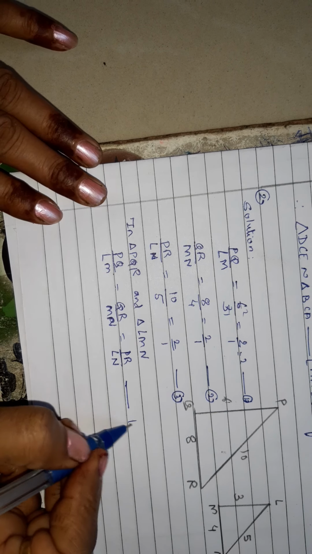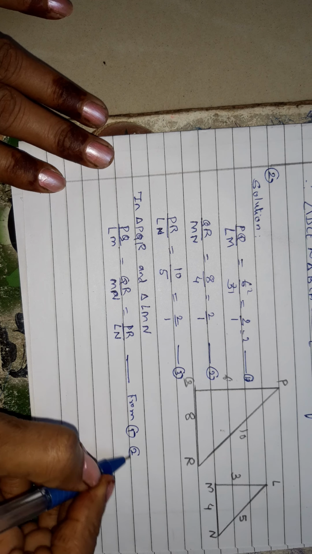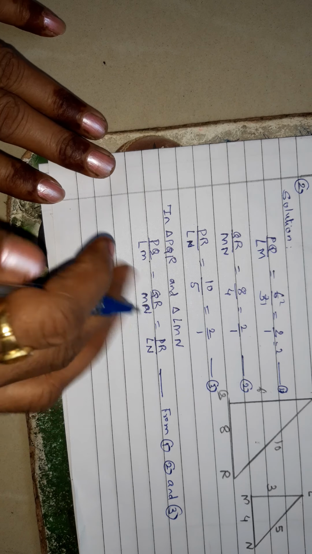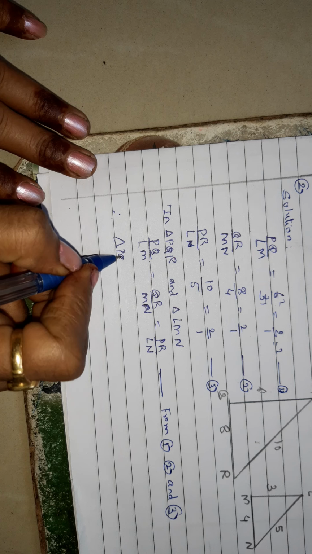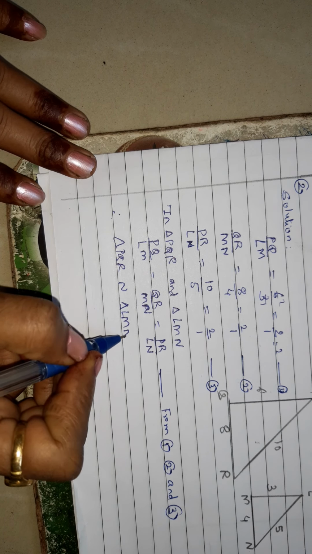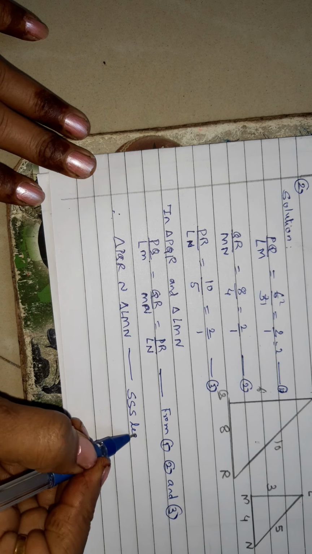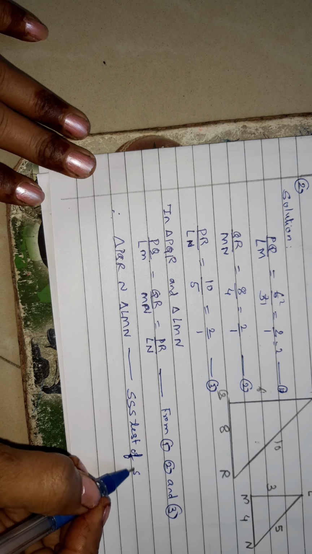These ratios we are getting from equations 1, 2 and 3. So if we see here, the ratios of corresponding sides are equal. So triangle PQR is similar to triangle LMN by which test? SSS test for similarity.